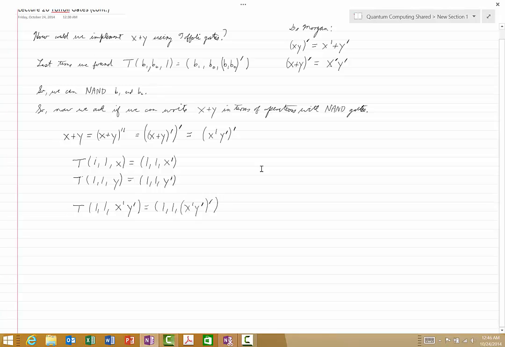So by using the fact that T of 1, 1, X is equal to 1, 1, X prime, using this 3 different times with 3 different arguments, in our third output here we are getting X or Y. Now let's see if this really does work.